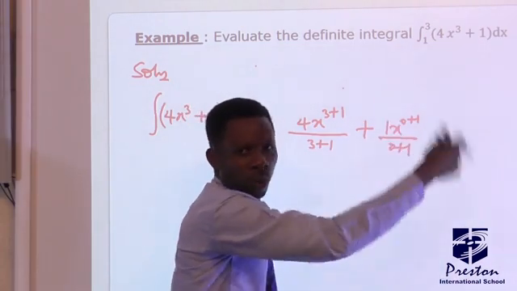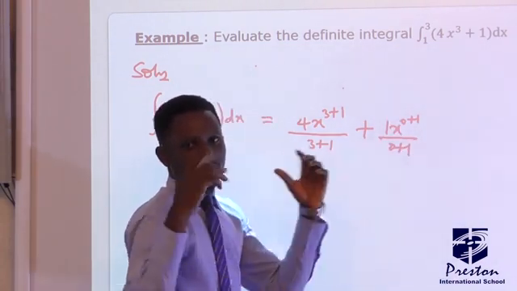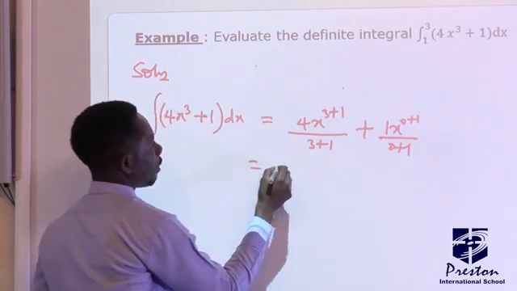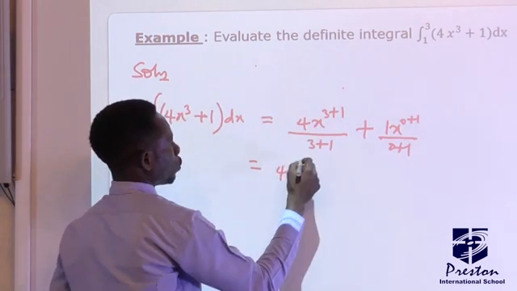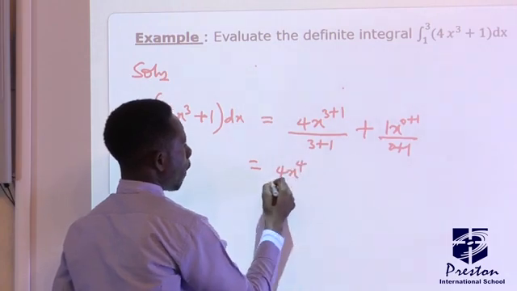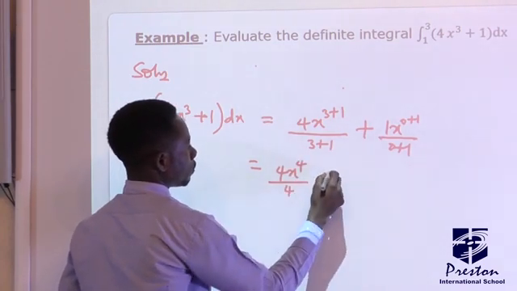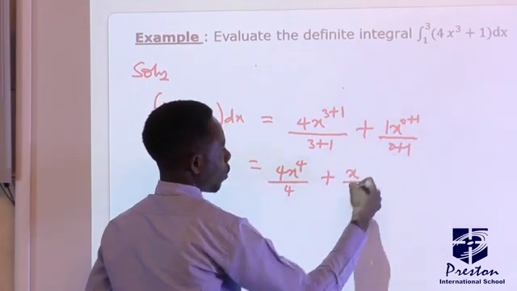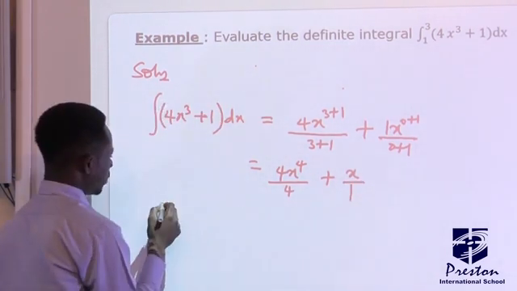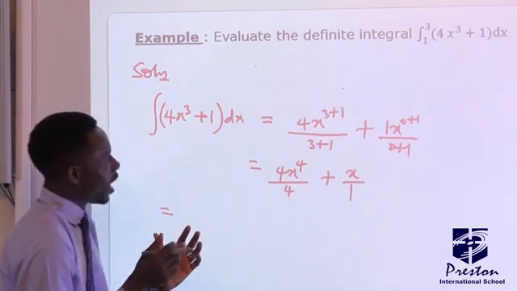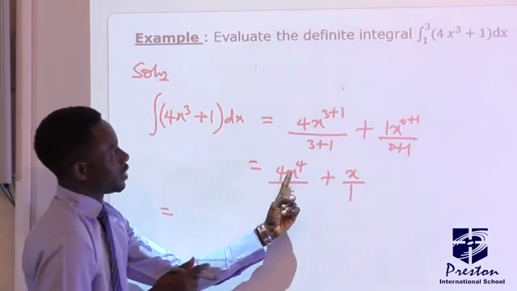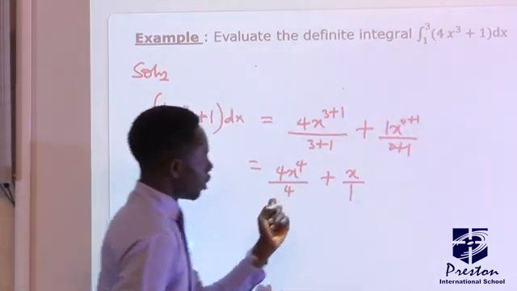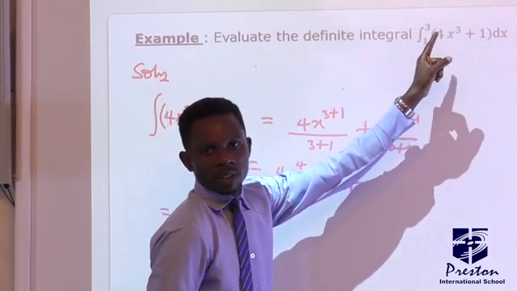We need to put plus c, but like I told us, we are dealing with definite integral, so we omit it. So we should have this to be 4x to the power 4 over 4, plus x to the power 1 over 1. At this point, we need to replace our x with the upper limit and then with the lower limit.